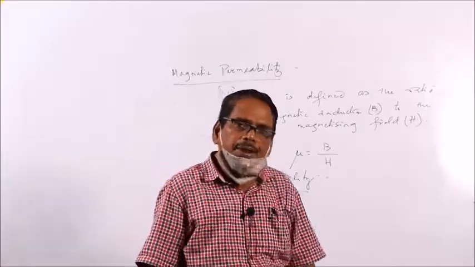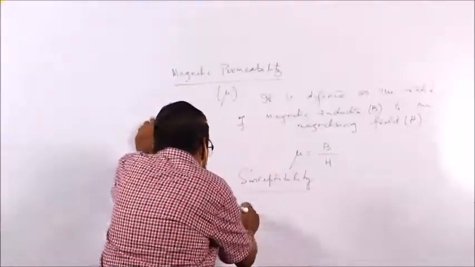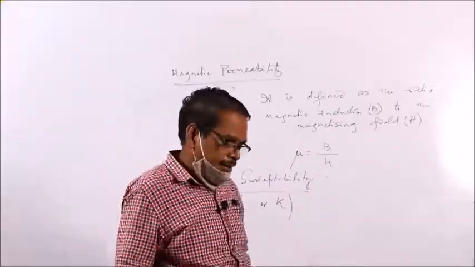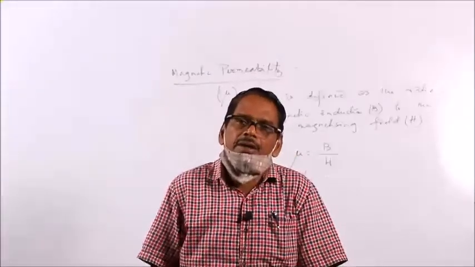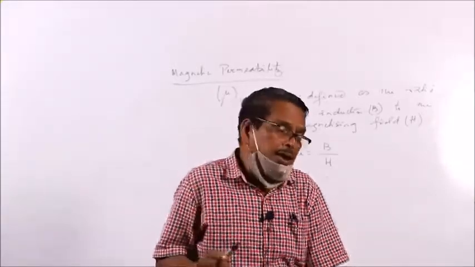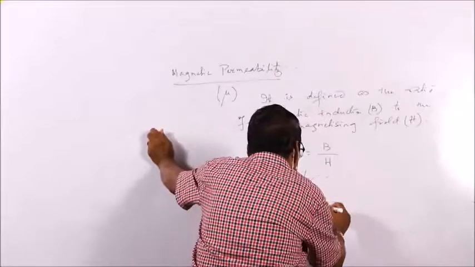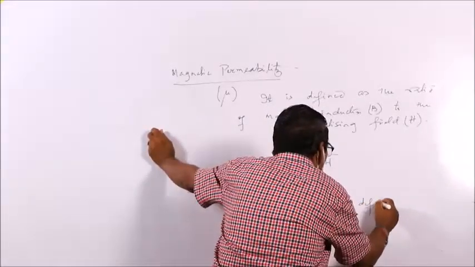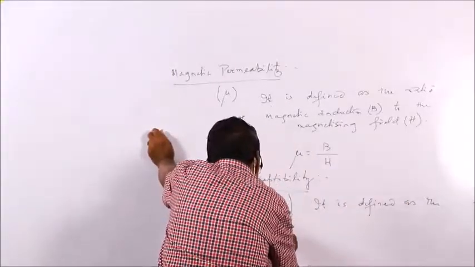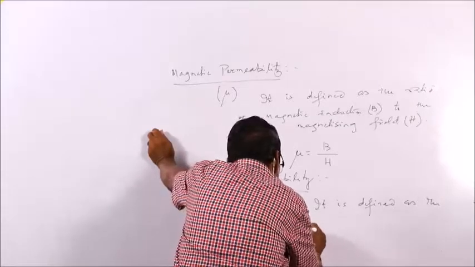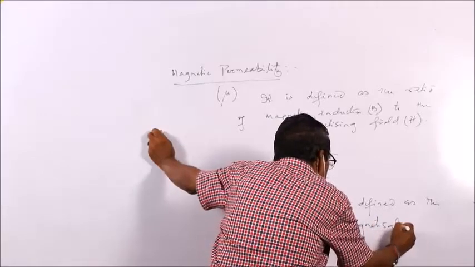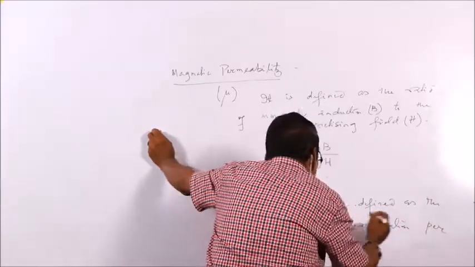It is denoted by the letter chi, or you can also denote it by K. It is defined as the ratio of intensity of magnetization to the magnetizing field, that is, the intensity of magnetization per unit magnetizing field.